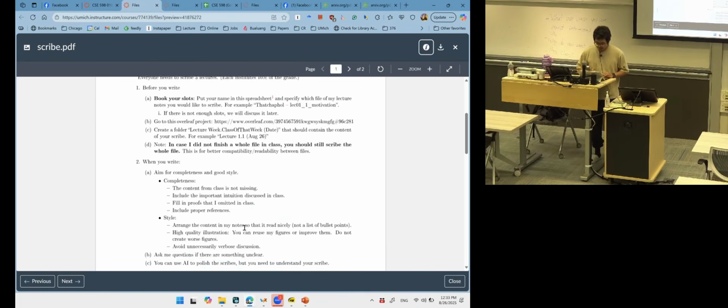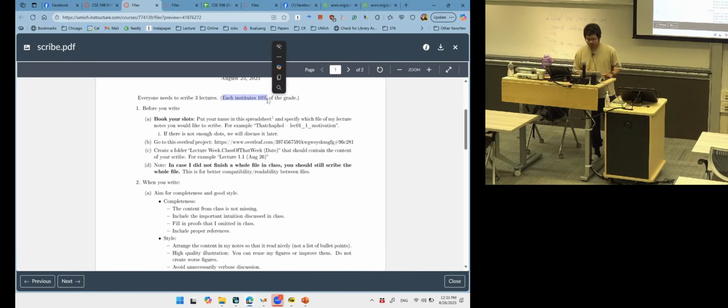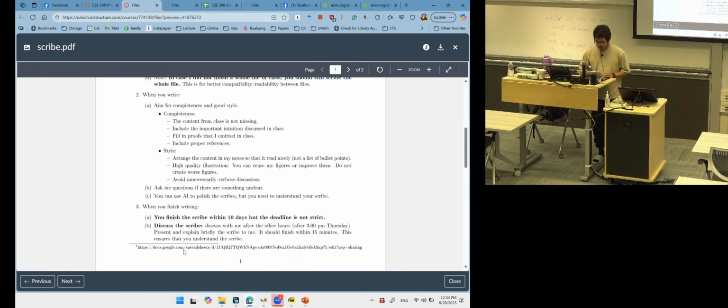Basically, everyone will need to scribe maybe 3 lectures. Each will constitute 10%. You can book your slot on the spreadsheet in the link here.